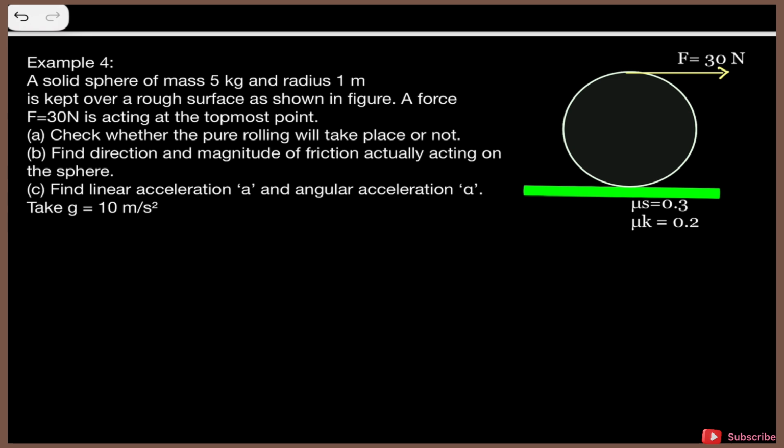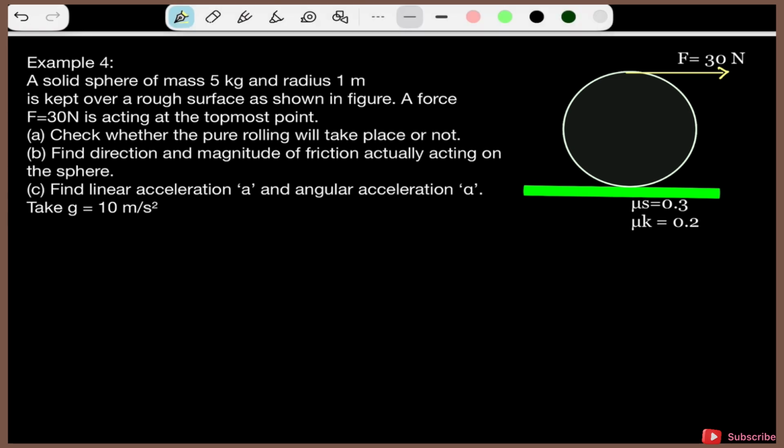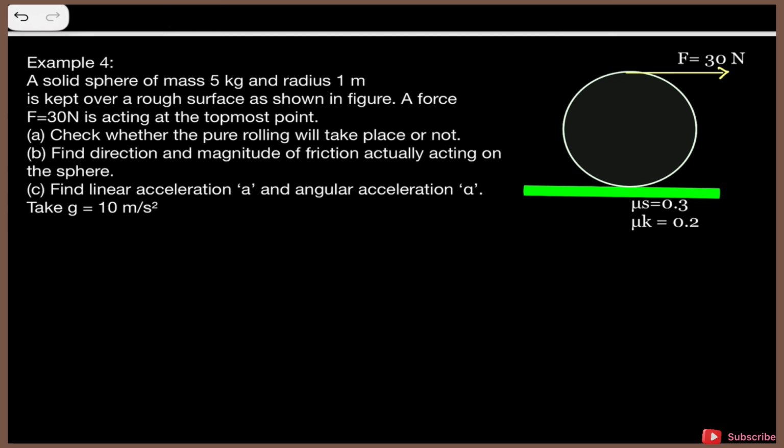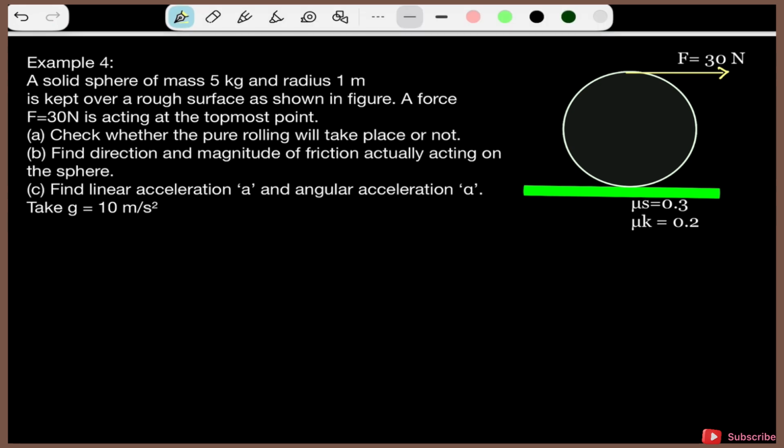So we have to find out about the pure rolling. So students, by solving many questions and understanding the concept, it is quite clear now that whenever the forces are acting at the top, like here, or somewhere in between, the friction will act in the forward direction. So here too the friction will act in the forward direction.